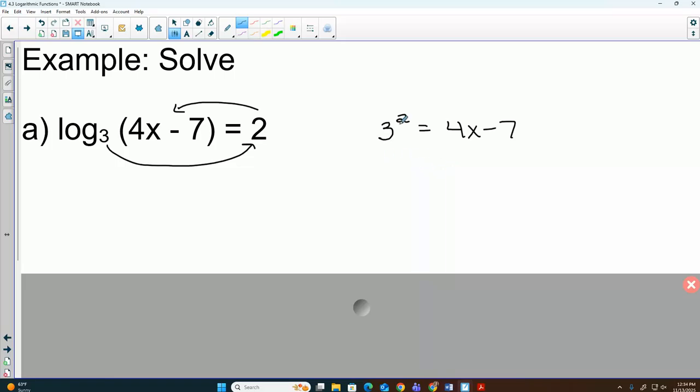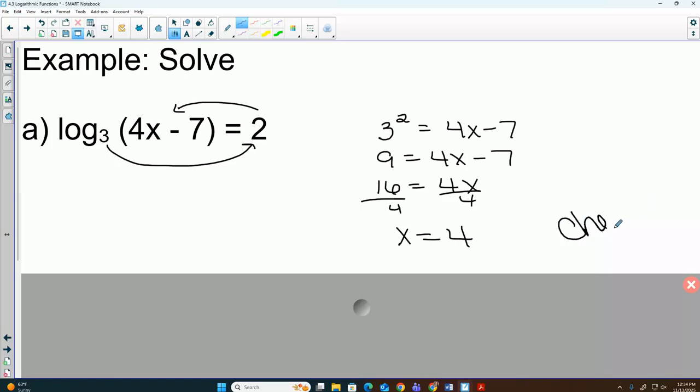What is 3 to the second power? So if I add over my 7, divided by 4, we get x to be 4. One thing we do have to do on these problems is check.